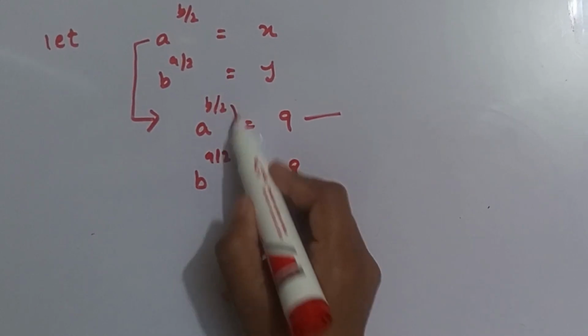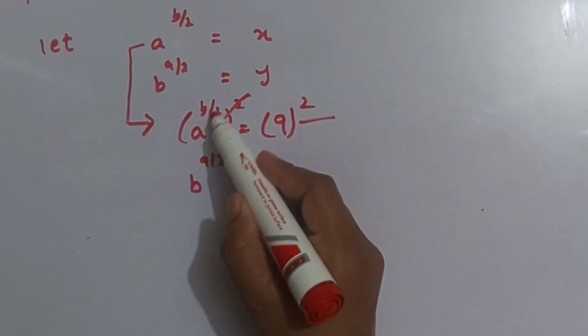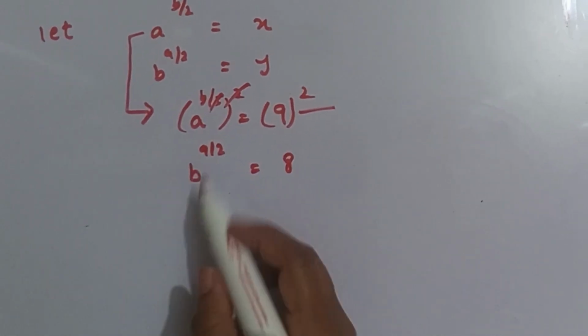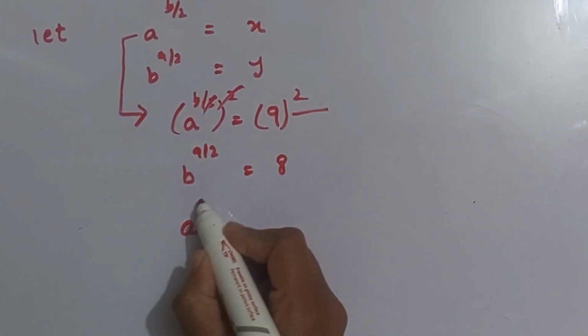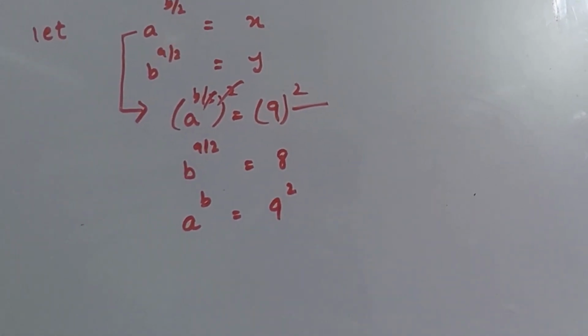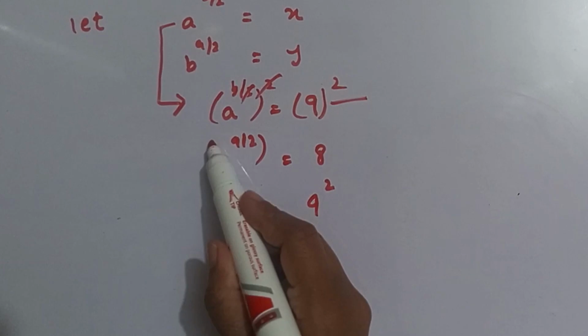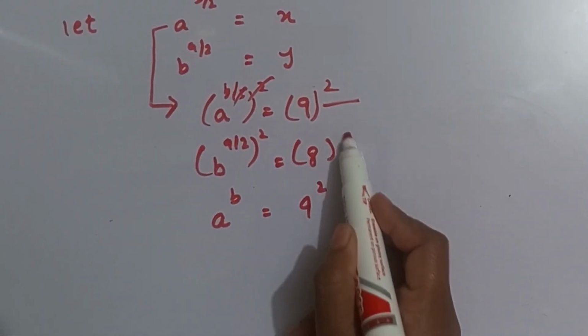We take a square on both sides of the first equation. The square and the square root cancel. We just get a raised to the power b is equal to 9 squared. Now again we take a square on both sides of the second equation.